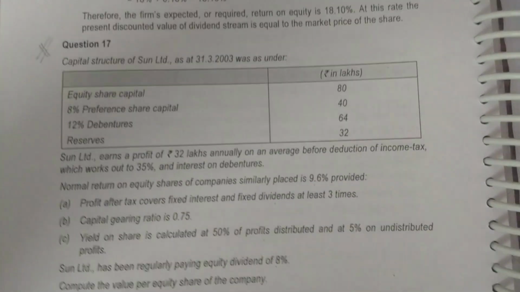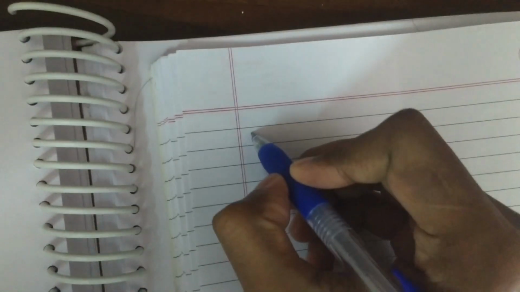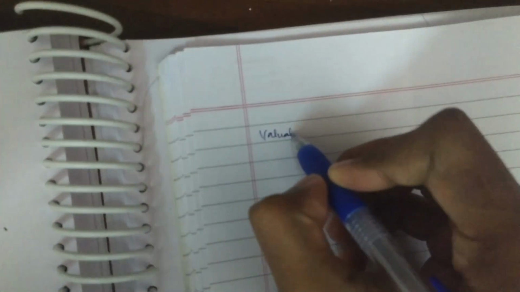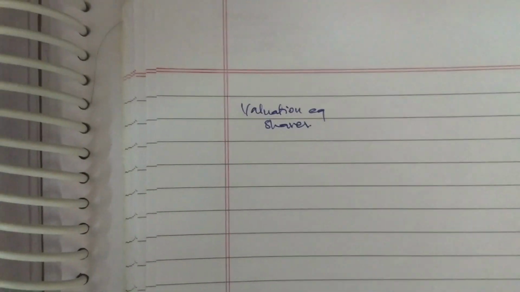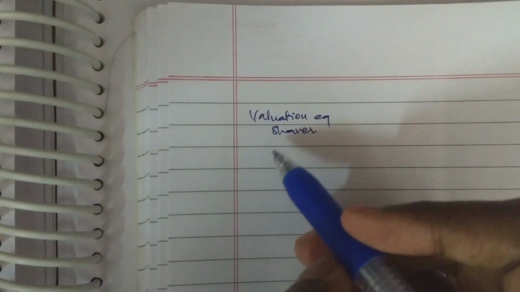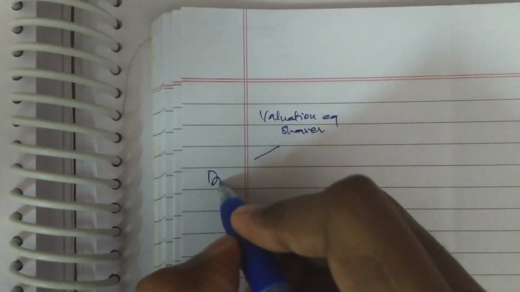Now, before starting, let's understand what the valuation of equity shares is, or what the different methods of valuing equity shares are. See, there are various methods through which equity shares can be valued. One is the dividend based model.